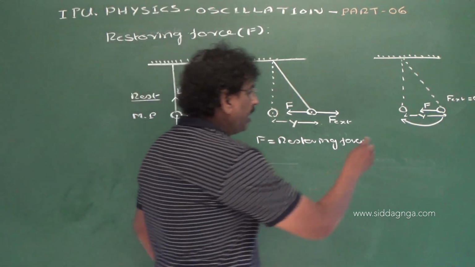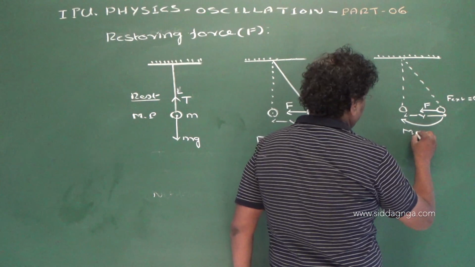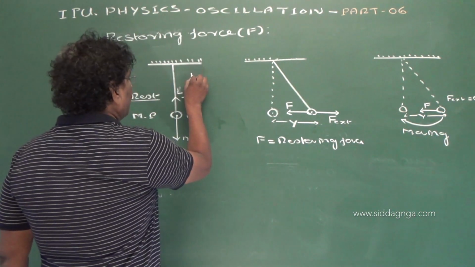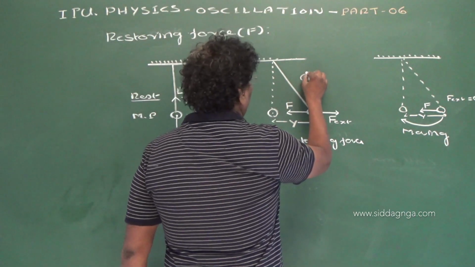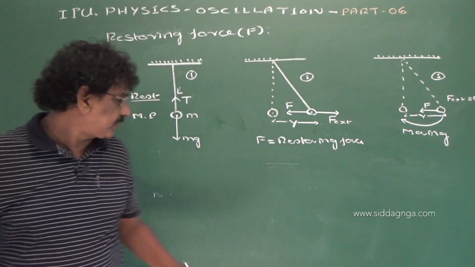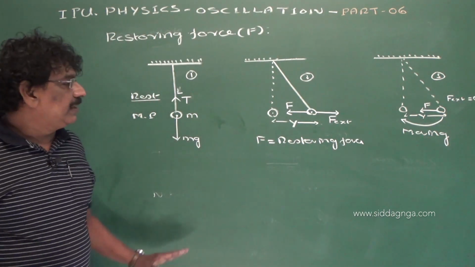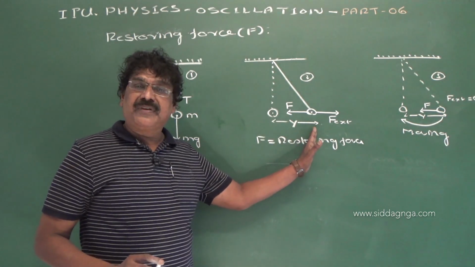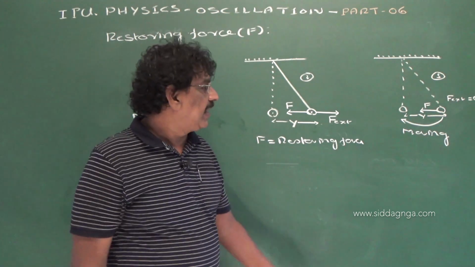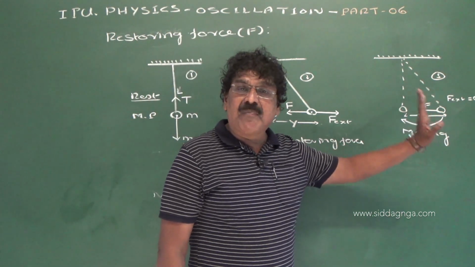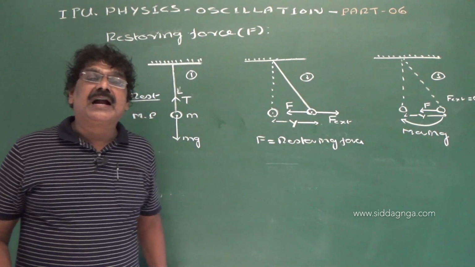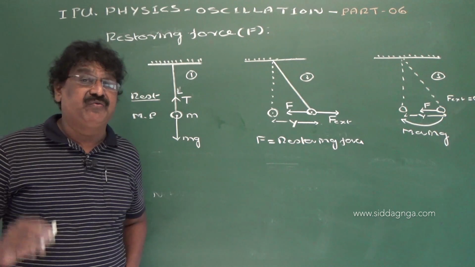Here the bob is moving: figure 1, figure 2, figure 3. In figure 1 the bob is at rest in mean position. In figure 2 the bob is at rest at displaced position, and here the bob starts moving towards the mean position under the action of restoring force.